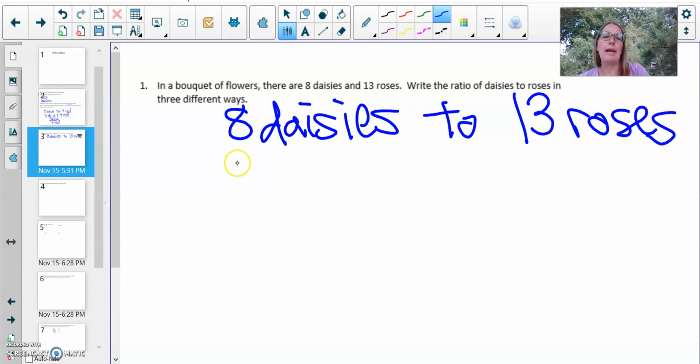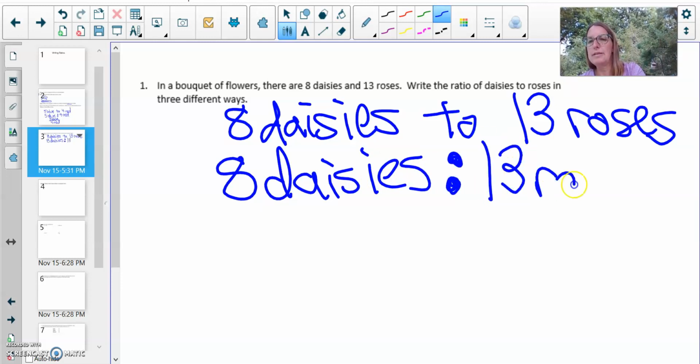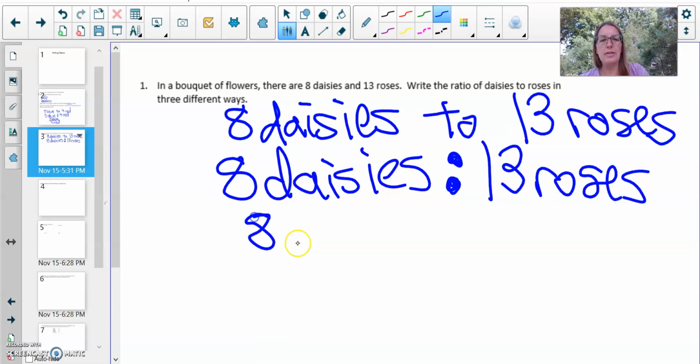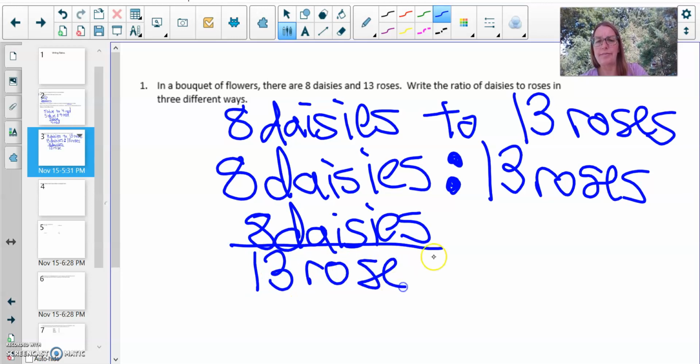We could write it as 8 daisies, using the colon, 13 roses. And then we could also write as a fraction, 8 daisies over 13 roses. So again, remember to include your label in your ratios.